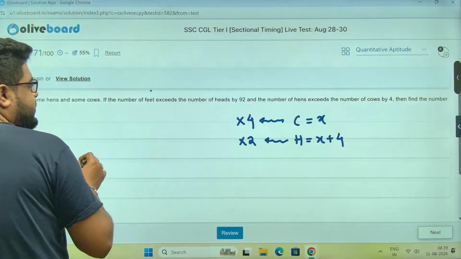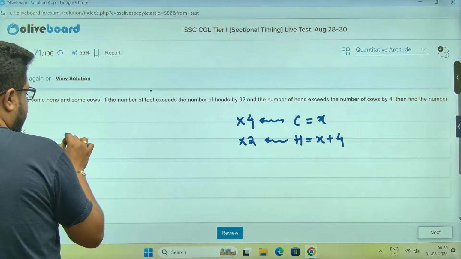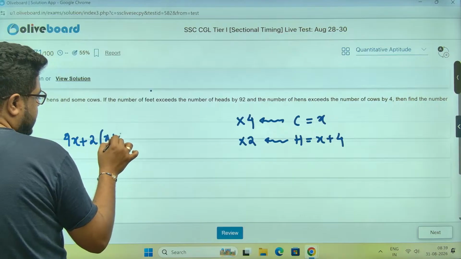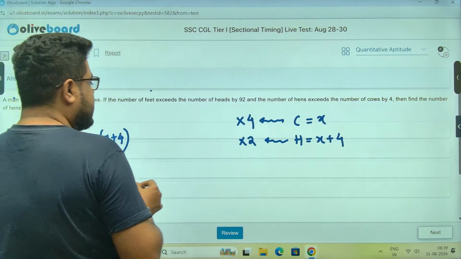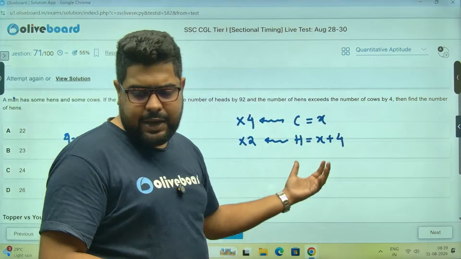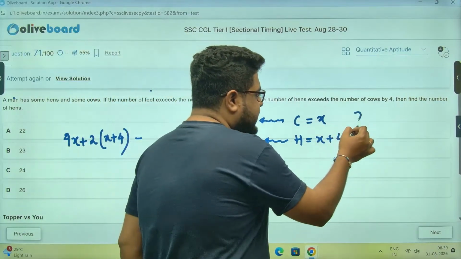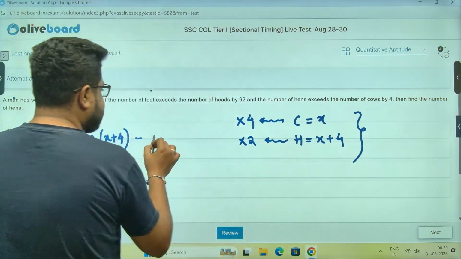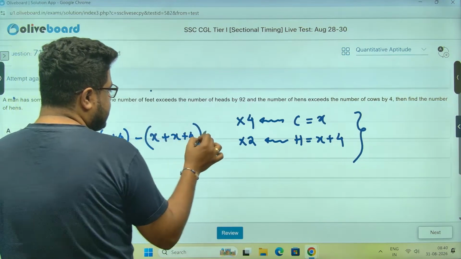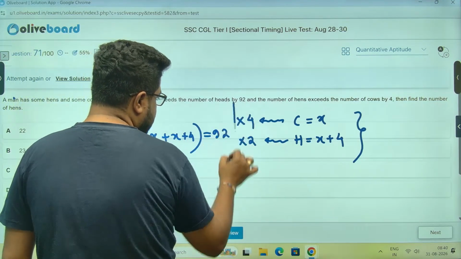So number of feet will be 4x for cows plus 2 into (x plus 4) for hens. This exceeds the number of heads. Number of heads, whether it's a hen or a cow, is always 1. So this will be x plus x plus 4. This difference is said to be 92, sir.